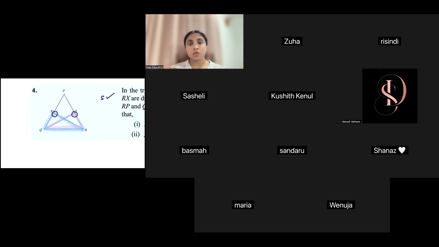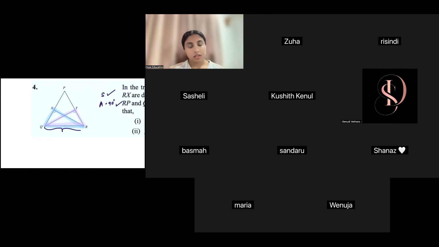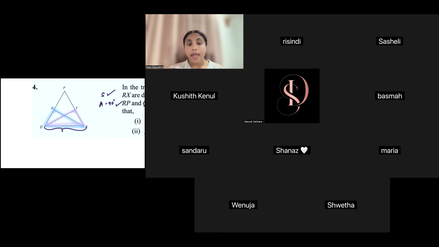So we have an angle, and that angle is a right angle, 90 degrees. And also we can see that QR is common to both. And can you see that opposite the right angle, that is a hypotenuse. So we have QR, which is the hypotenuse. So for this we can use RHS.